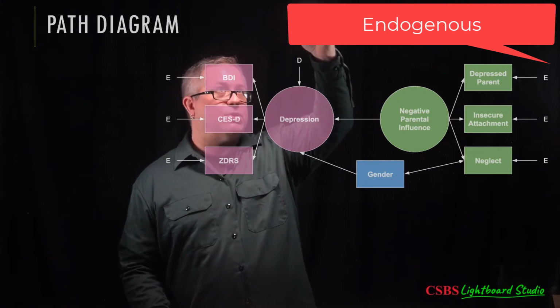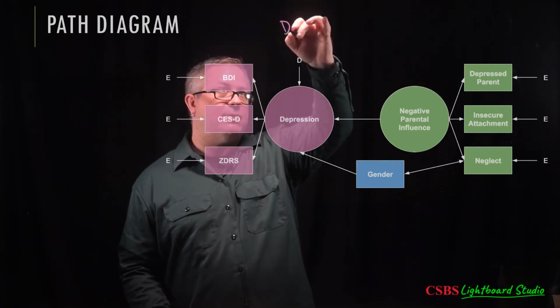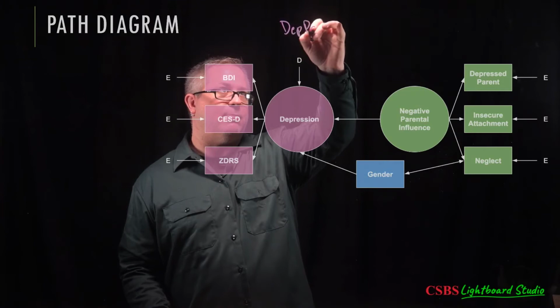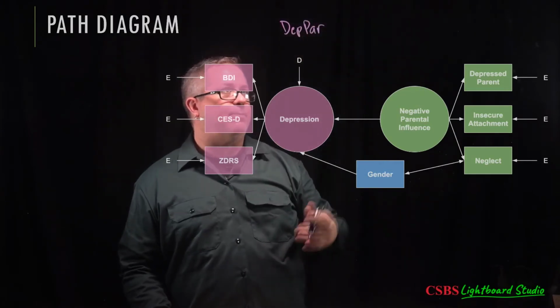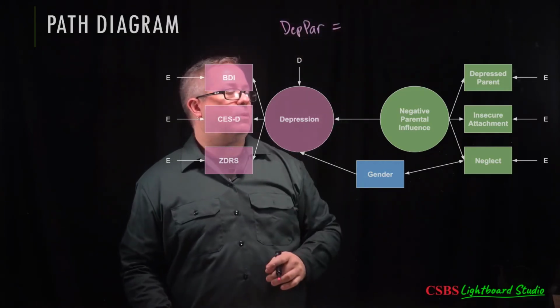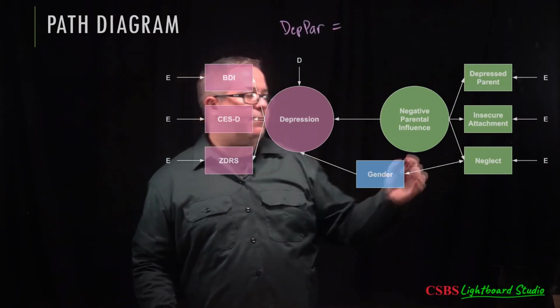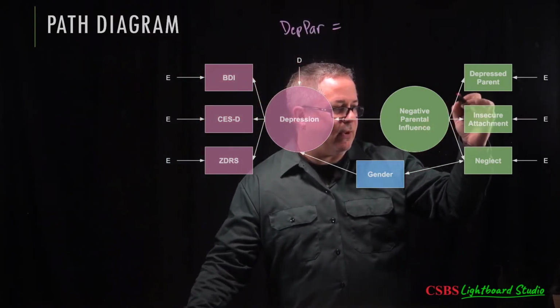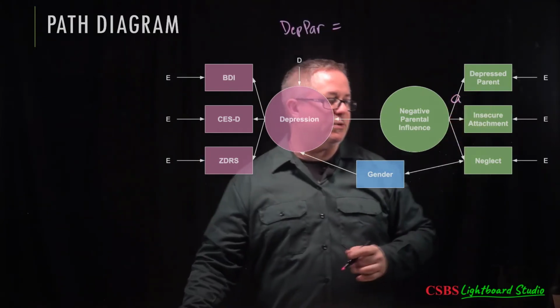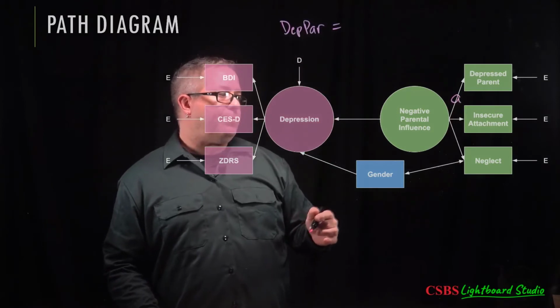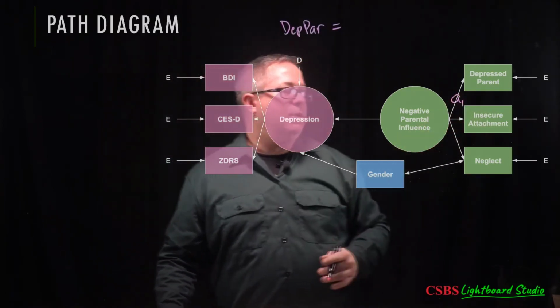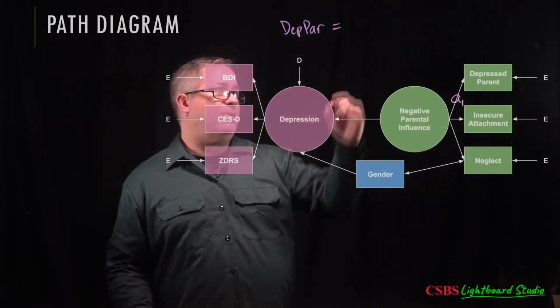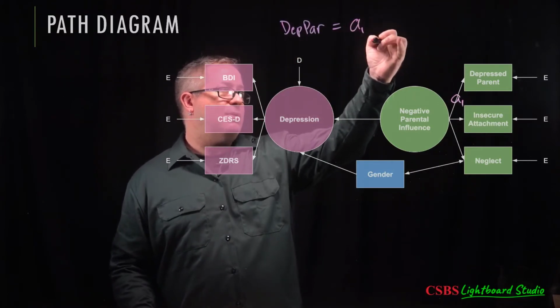Right. So I'm going to start off with depressed parent. I'll say depressed parent is my outcome, equals what? I don't know what this is. Again, I'm going to call it an A just because it'll be easier. Call this A1. If I wanted to write this out, I would say there's A1 times what?